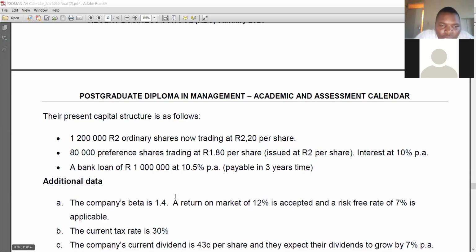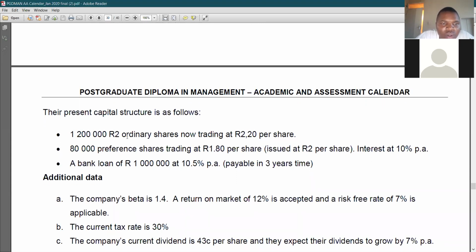Another thing you need to know so that you wouldn't mess up on that day: the models, CAPM and the Gordon model, or dividend growth model, affect only ordinary shares. Are you following?